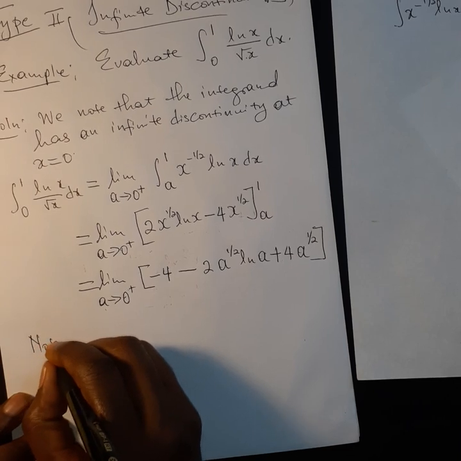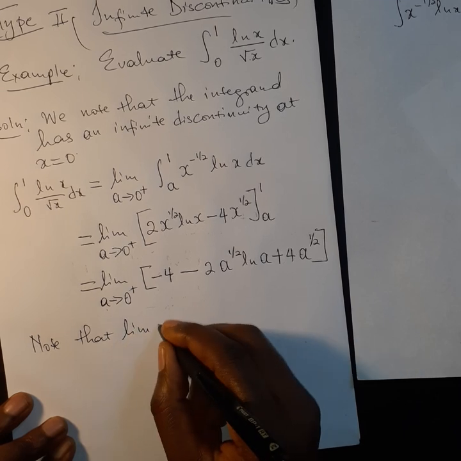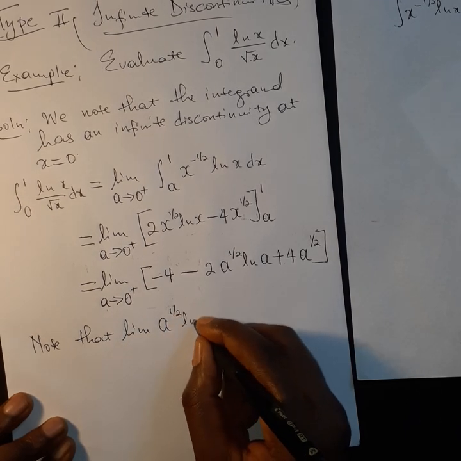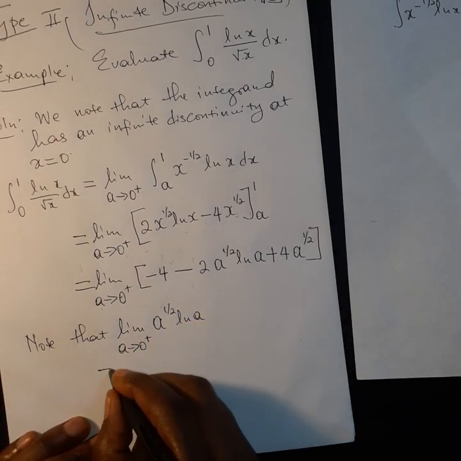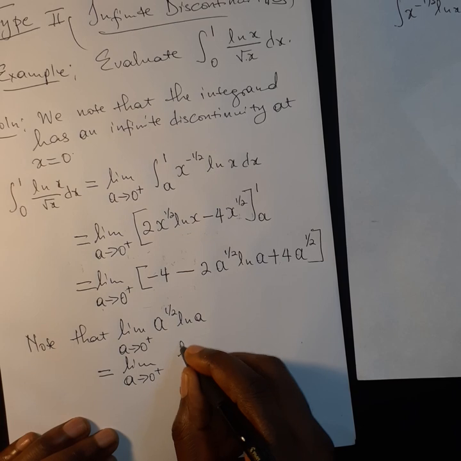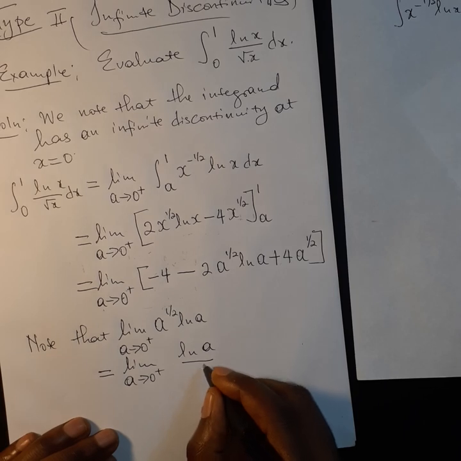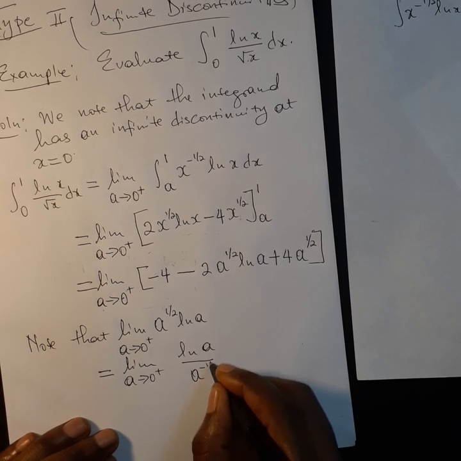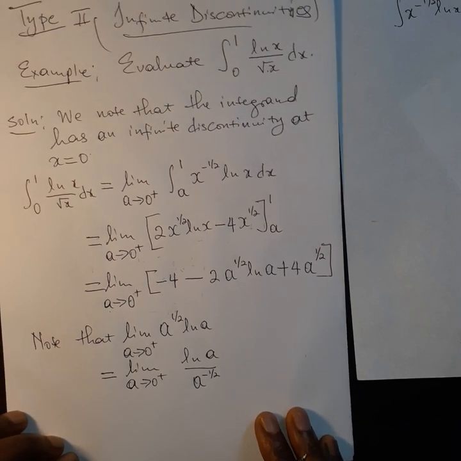And then note that the limit of a to the power 1 over 2 ln of a as a approaches 0 from the right is equal to the limit when a is approaching 0 from the right of the ln of a over a to the power minus 1 over 2, like that, which now helps us to talk about L'Hopital's rule.